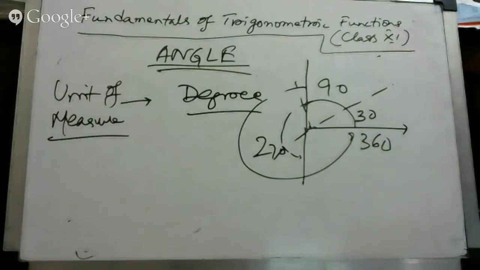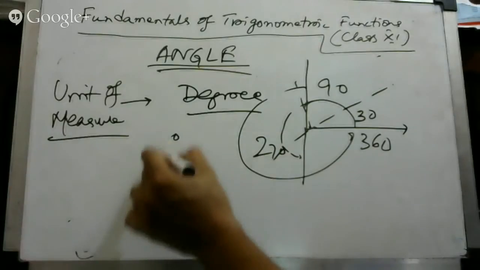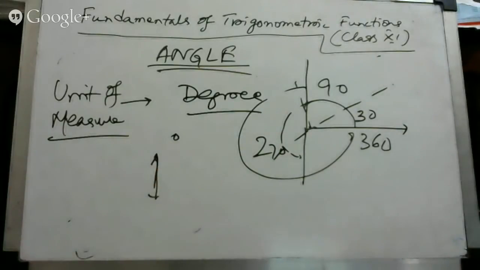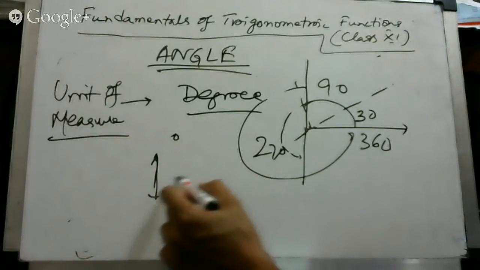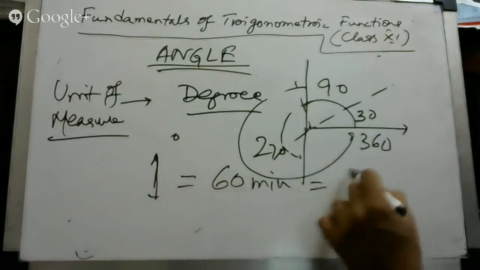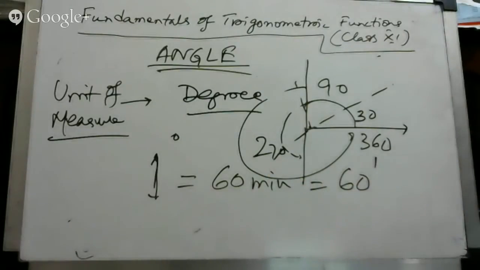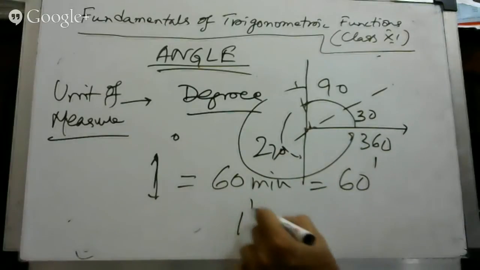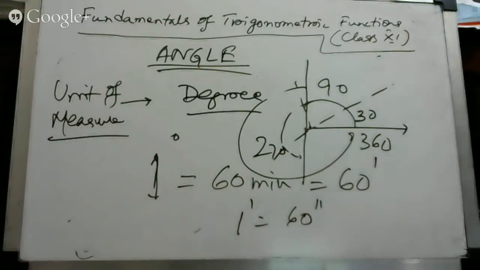A degree is divided into 60 minutes, so 1 degree is equal to 60 minutes, and 1 minute is equal to 60 seconds. So this is one way of measuring an angle.